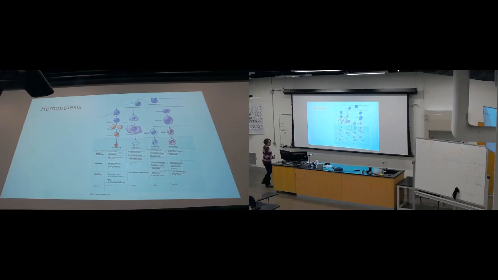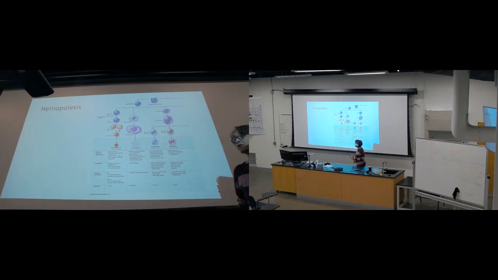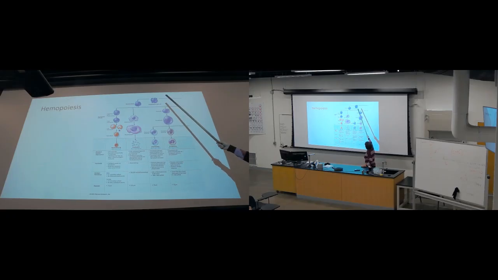Okay, now hemopoiesis, a similar term, but in this case it is forming blood cells. So in hemopoiesis, we have a precursor cell called the hematopoietic stem cell, which is located in the bone marrow. Just like any stem cell in the body, it is capable of producing other cells.